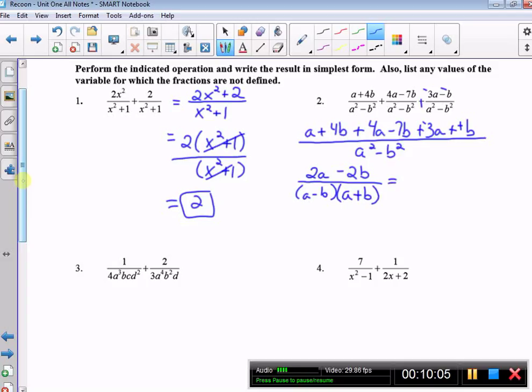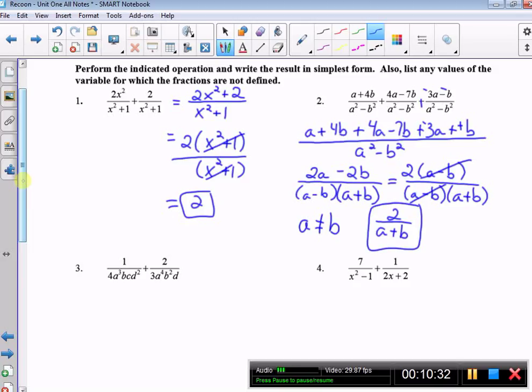That's a difference of perfect squares, and take a factor of 2 out of the top. And in this problem, a cannot equal b, otherwise the fraction would be undefined. And then the a minus b's cancel, so these fractions added together are 2 over a plus b.